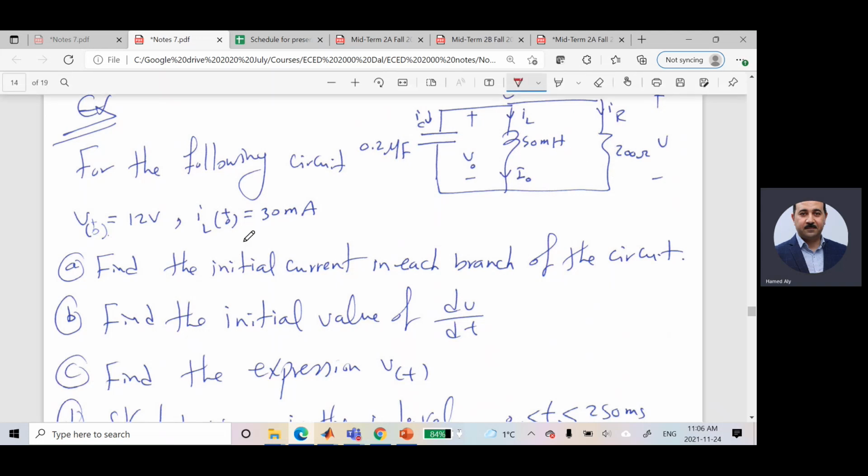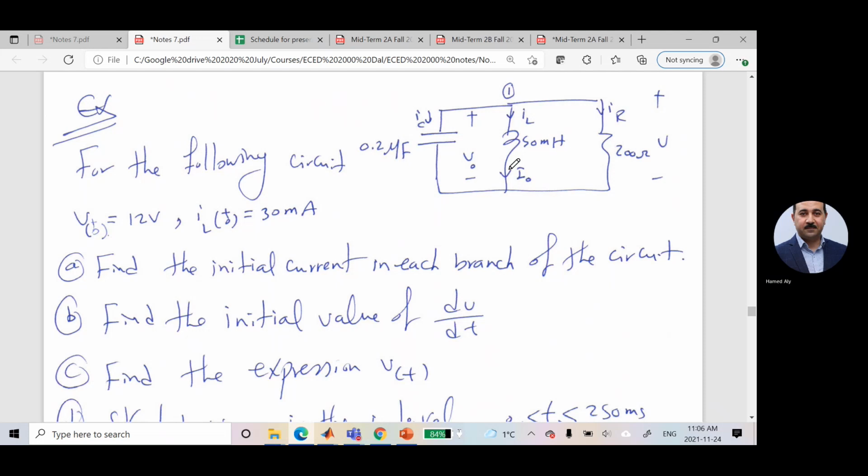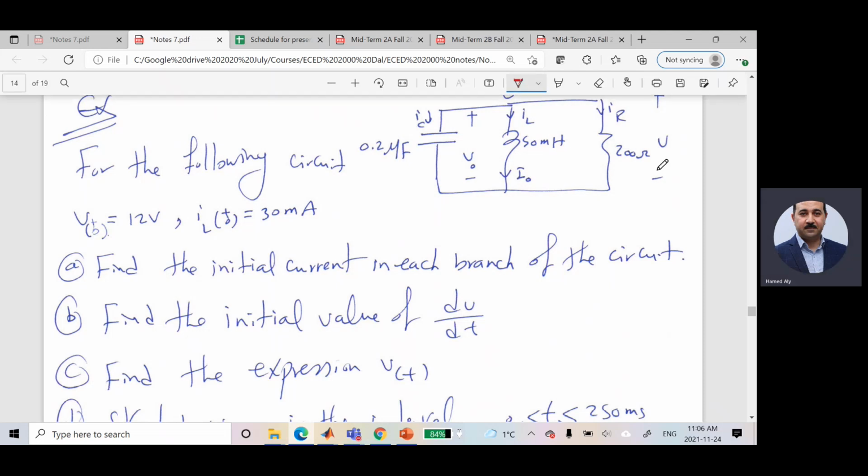So he gave me IL of 0, which is equal to 30 milliamps. The current here is equal to 30 milliamps. Can I find the current in the resistor at t equal to 0 positive? Is it easy to find? It is equal to 12 divided by 200. Excellent. Can I find the current in the capacitor at t equal to 0 positive?